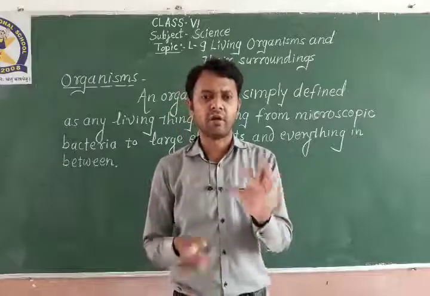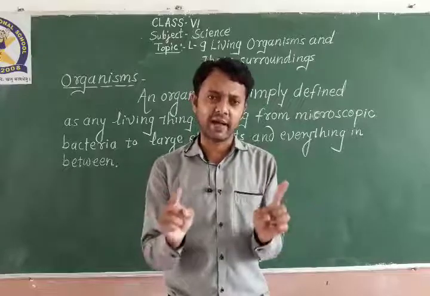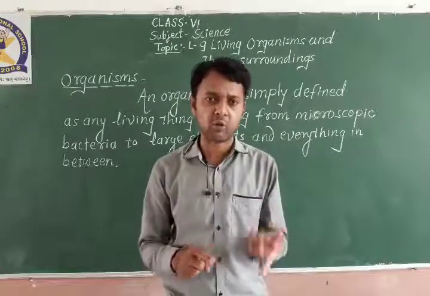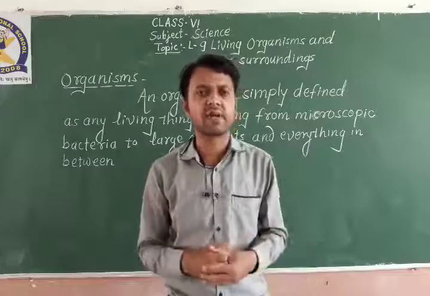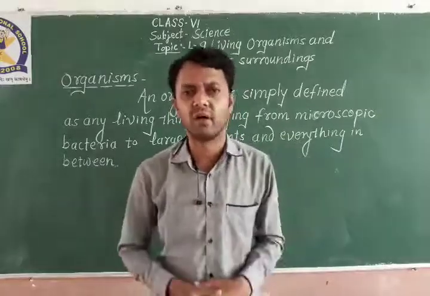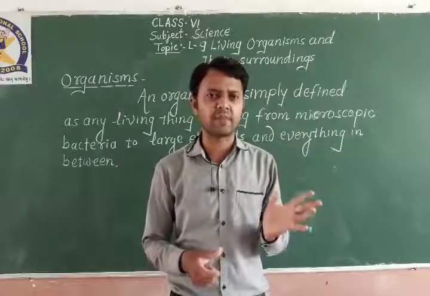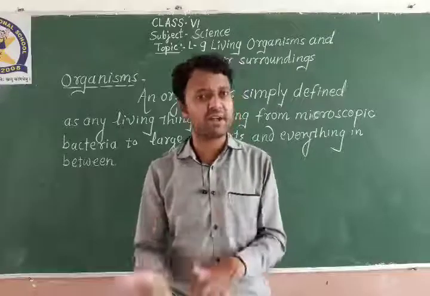First of all, we have seen the definition of organisms. Any living thing, right from bacteria, which is microscopic, we even cannot see with our naked eyes, to the large elephants and all the animals in between are called organisms. Now we see the different types of animals and plants are found in different areas.